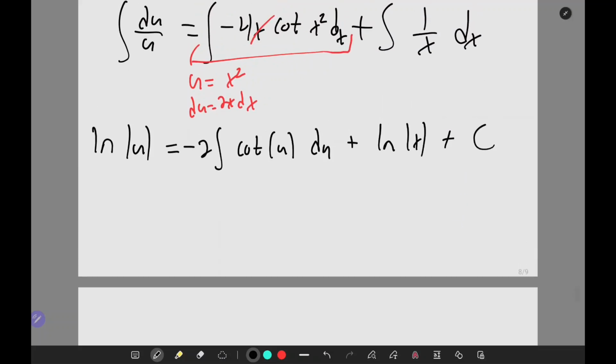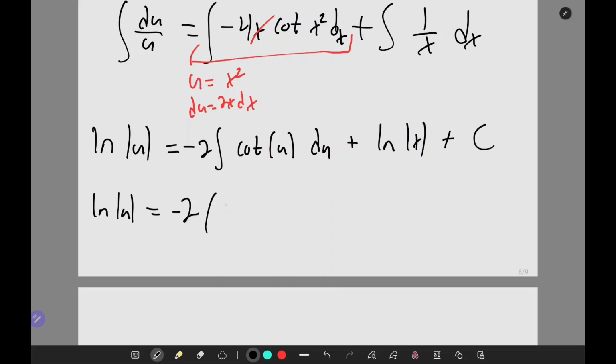The integral of cotangent. So let me write this. ln of u is equal to negative 2 times, what's the integral of cotangent? Remember, there's a whole bunch of trig integrals, right? I believe the integral of cotangent is the natural log of sine. Let me look that up really quick. The integral of cotangent is the natural log of sine.